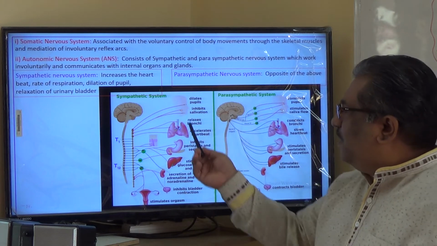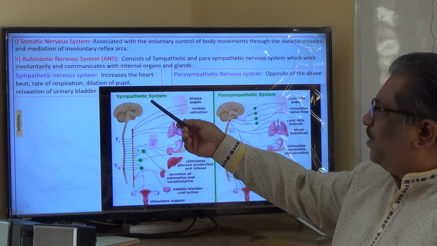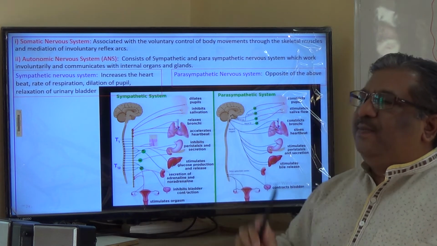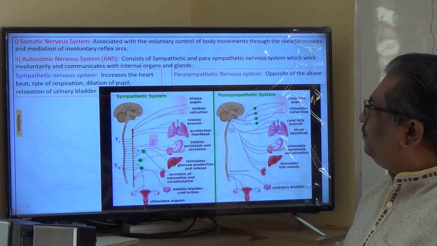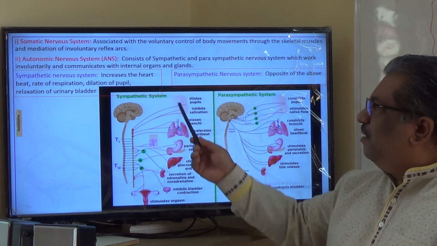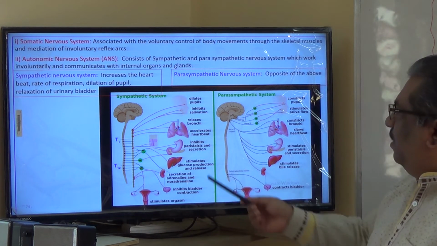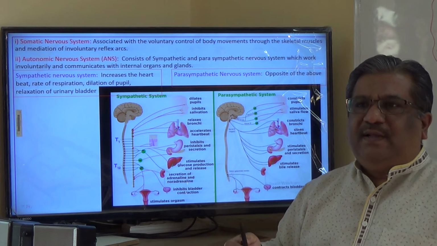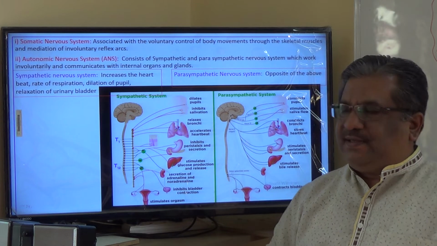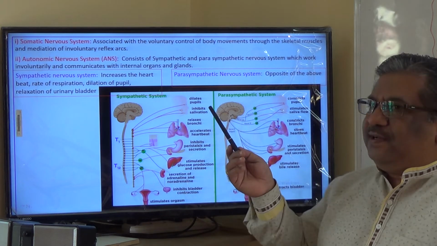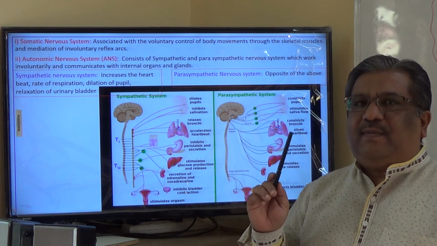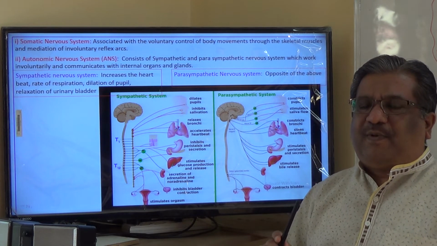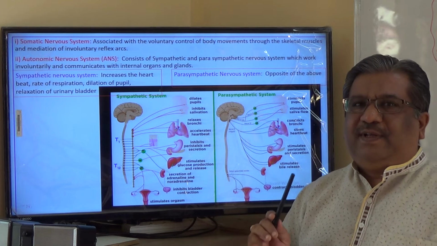So some more examples have been given with respect to sympathetic and parasympathetic. In general, sympathetic nervous system is the one that accelerates the actions, and parasympathetic is the one that provides brakes for the actions.